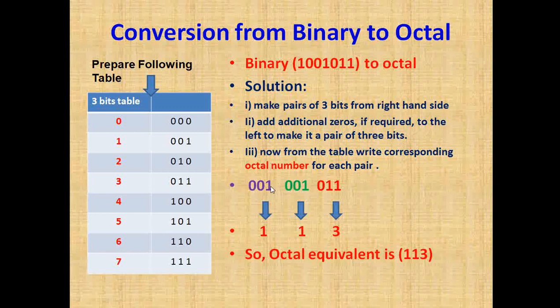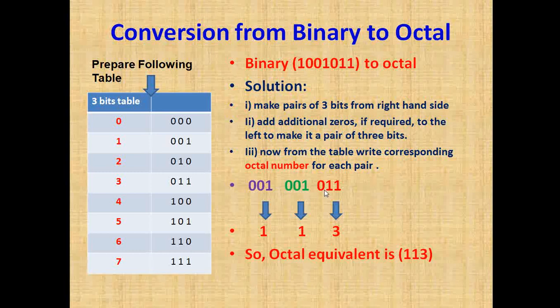So this is only a single bit, so we will add 2 more zeros to make it a 3-bit string, right?